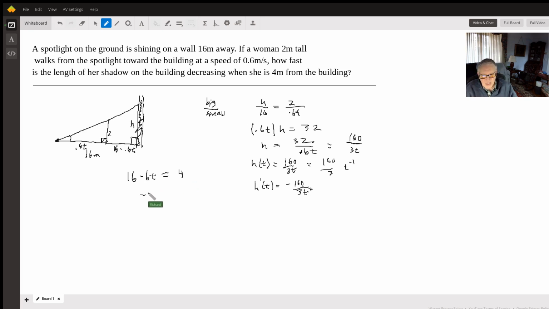That's going to give me negative 0.6t is equal to negative 12. And t is going to be 2 seconds? So it's going to be 2 seconds from the time she leaves the spotlight to the time she is 4 meters from the building.